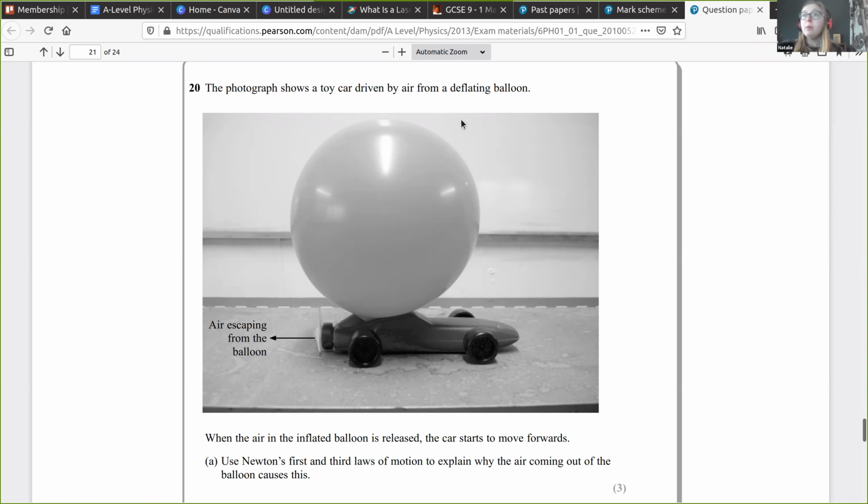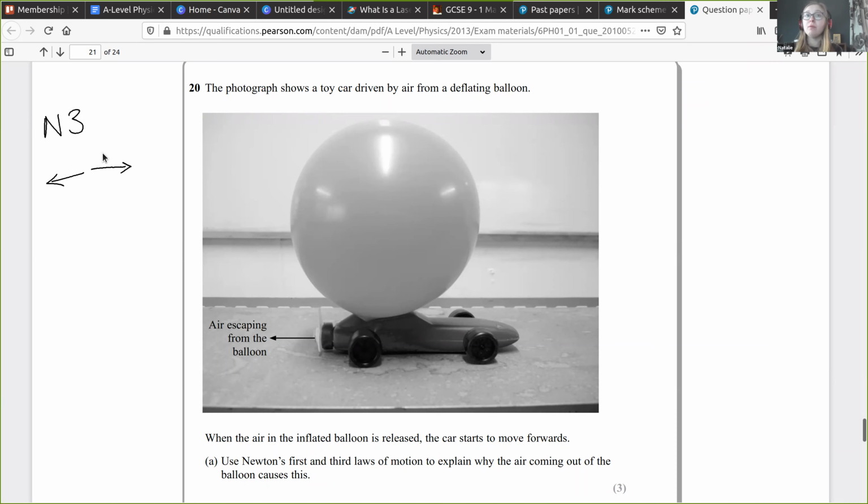So we would need to say that Newton's third law. We've got a Newton's third law pair, where we've got the force of the air coming out of the balloon causes an equal but opposite force pushing the car back.